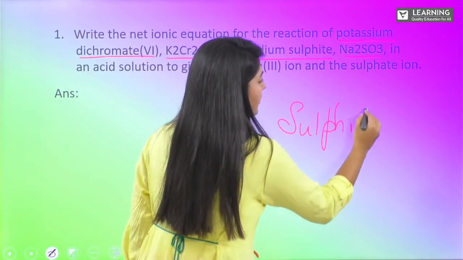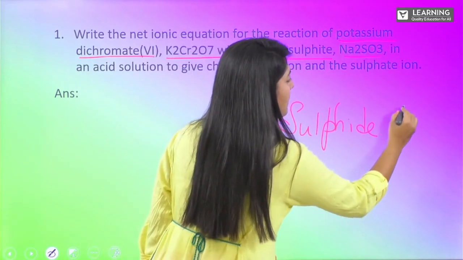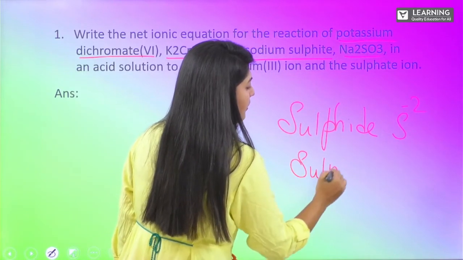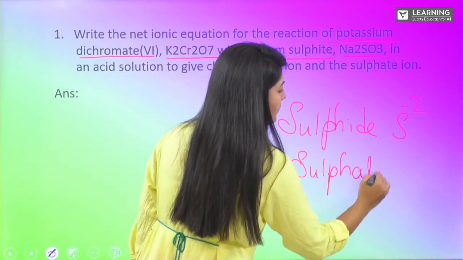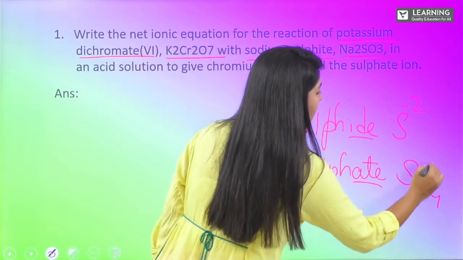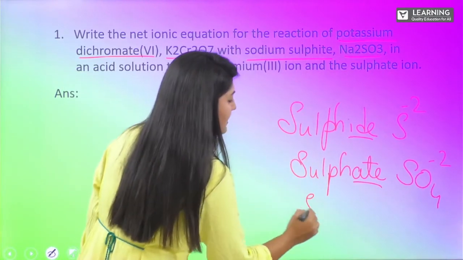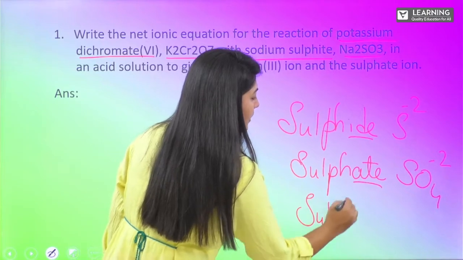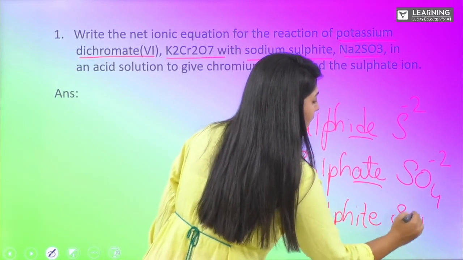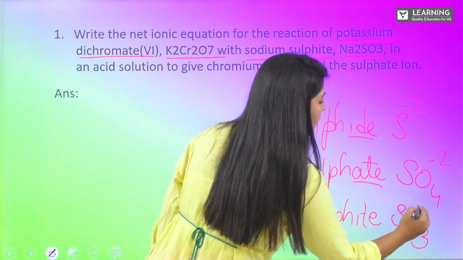Here students, as I said, sulfide, ending in IDE, is S -2. Sulfate, ending in ATE, is SO4 -2. Sulfite, ending in ITE, is SO3 -2.